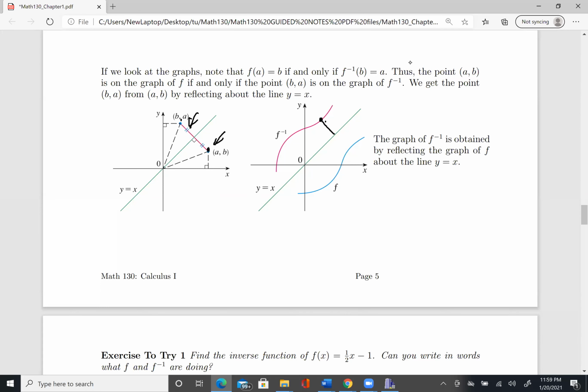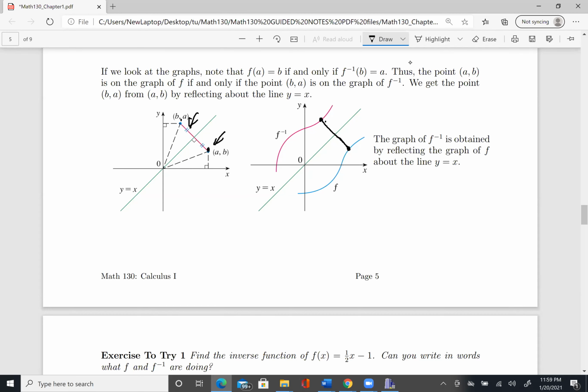If you want to find the inverse of this point, you draw a perpendicular line through y equal to x, and the reflecting point over here will be the inverse.